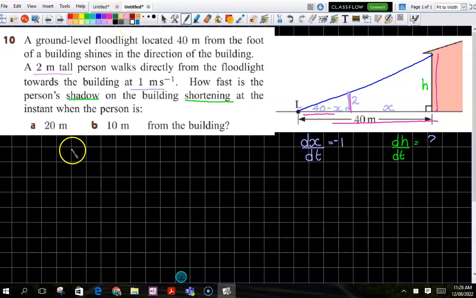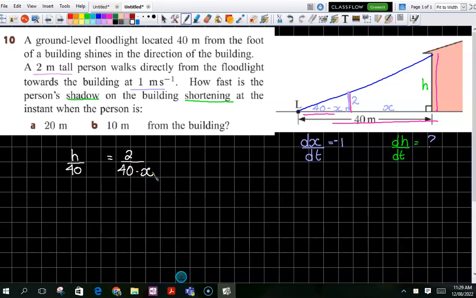So we end up with H over 40 take X. No, X over 40. What am I doing? My mind is working faster than my writing. H over 40 take X equals 2 over 40 take X.